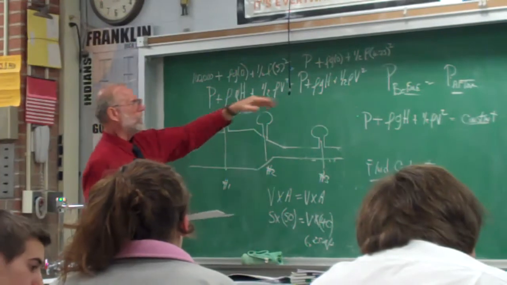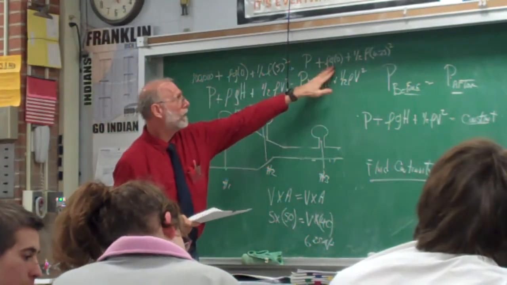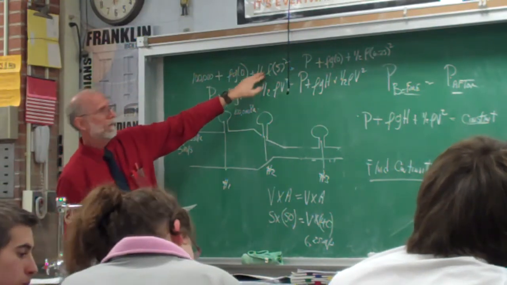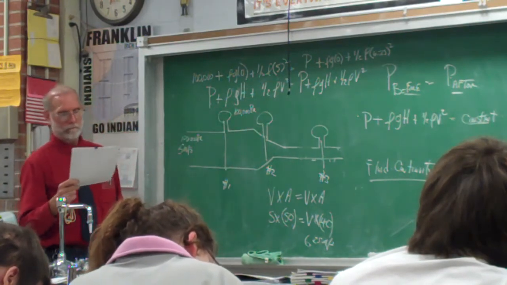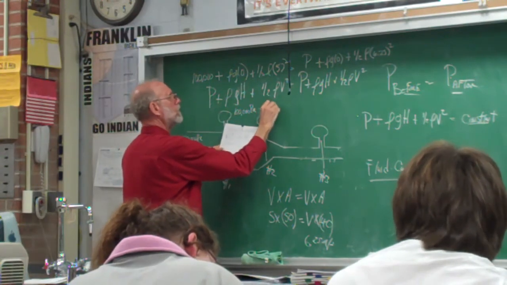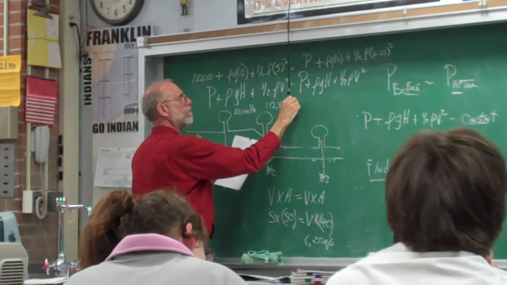Okay, so you substitute your numbers in. Rho is 1,000. So here you end up with 100,000 plus 0 plus 1,000 times 25 over 2. So you end up on this side with 112,500 pascals.